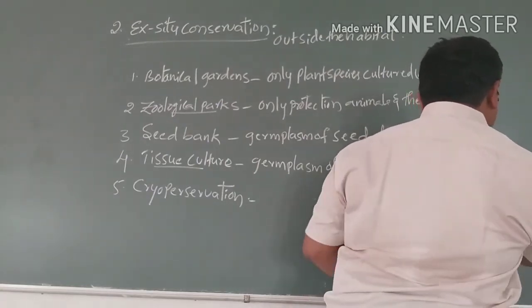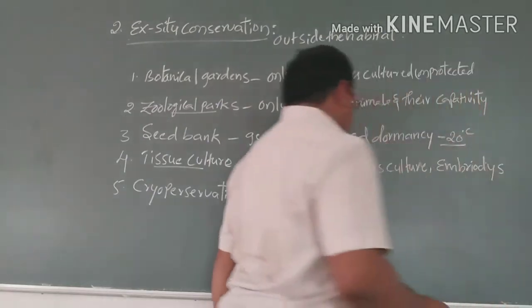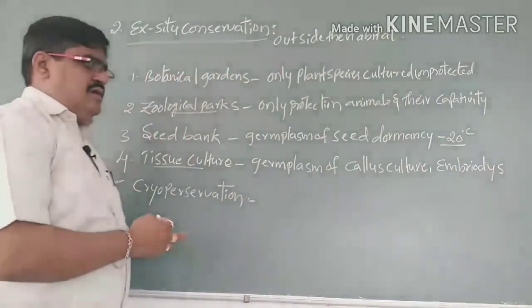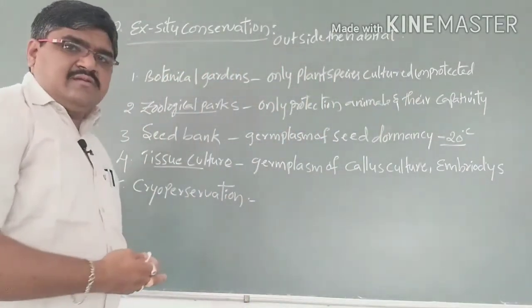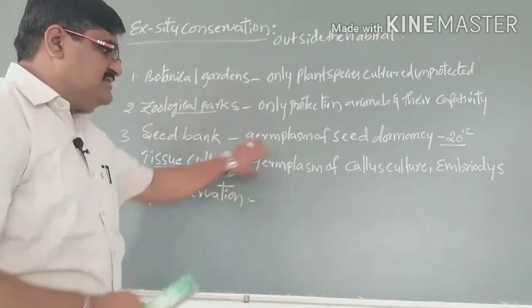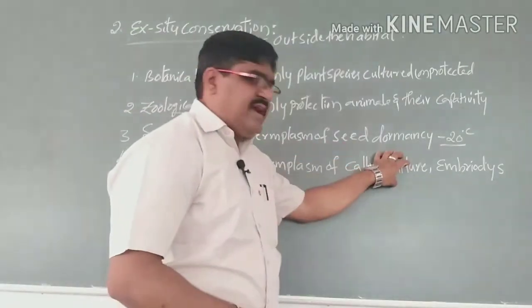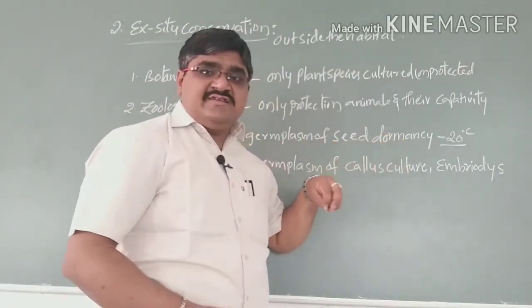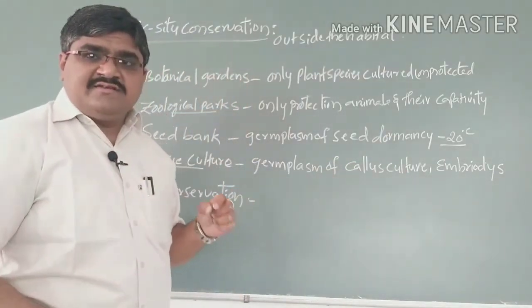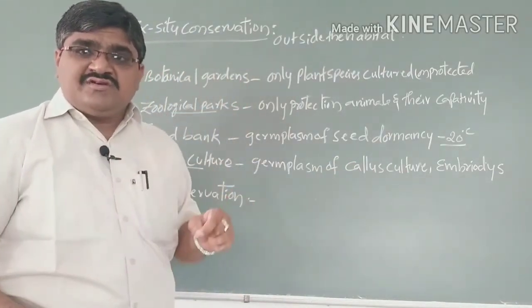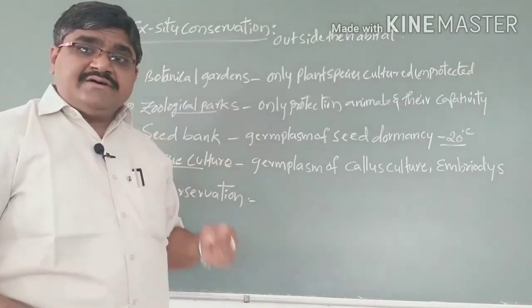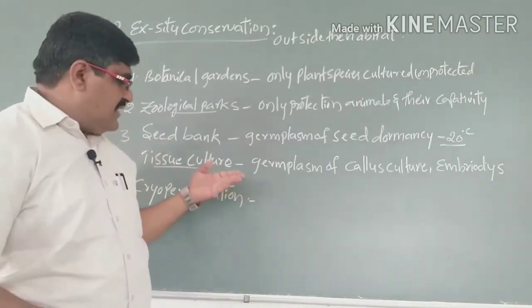Under callus formation and embryoids, embryo culture takes place with the help of germplasm. Callus means undifferentiated cells. That means a single cell can produce an entire plant. So such a type of culture we call tissue culture.